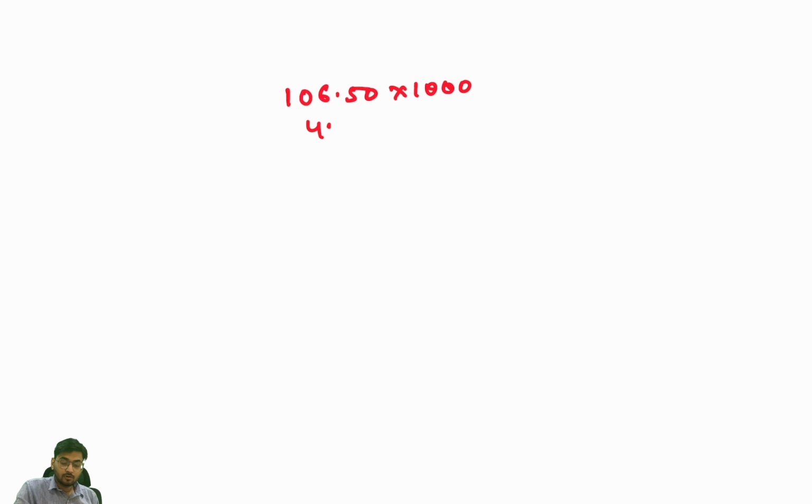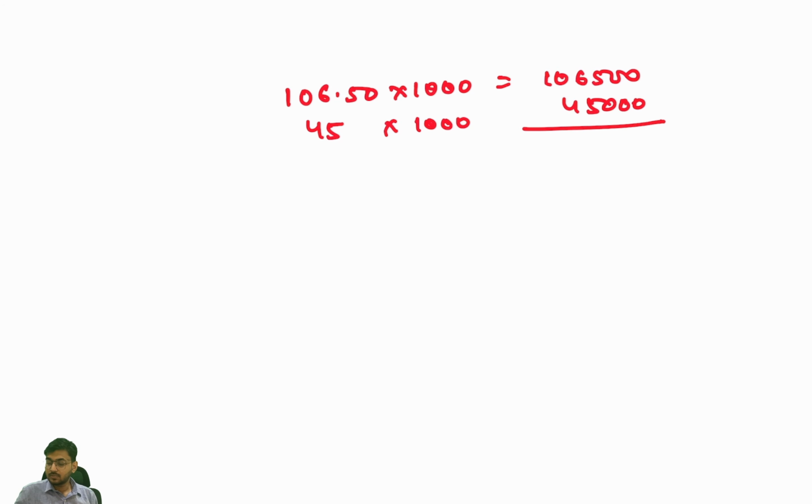Clear? 45 is your cost of goods sold. Clear? So it is 106,500 and this is 45,000. Clear? Now how much is your gross margin? 106,500 minus 45,000, 61,500. Clear? Then 30,000 is your selling expenses, 31,500.